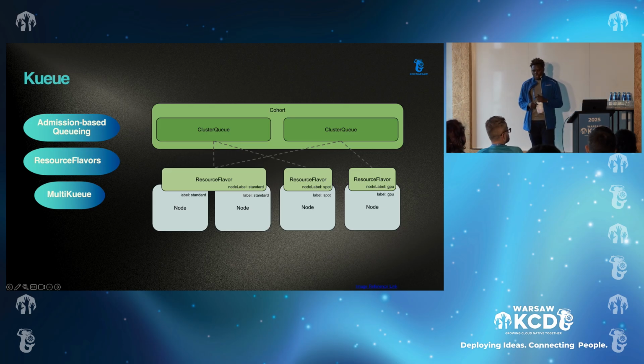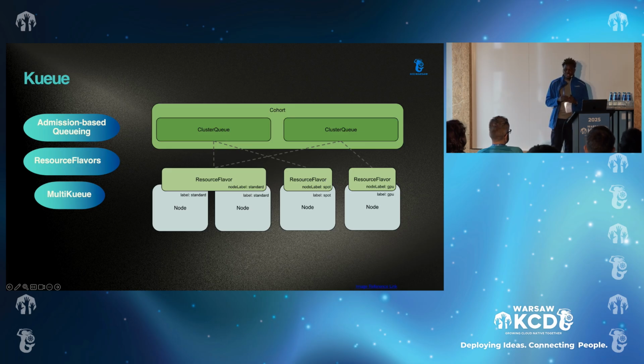Now, we have Q. I won't call Q a scheduler, but rather a Kubernetes native system that helps you manage your quota in your cluster, as well as how your jobs consume the different quotas that you have. A feature that Q provides is what we call admission-based queuing. What does admission-based queuing do? Let's say you submit a job to the Kubernetes API.